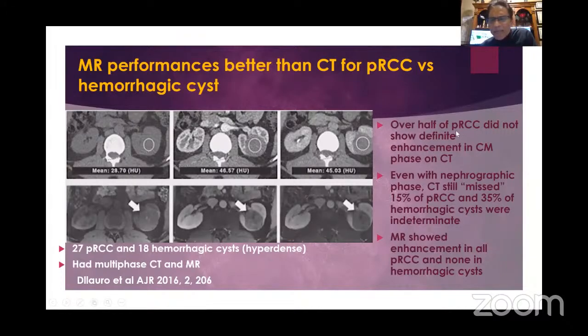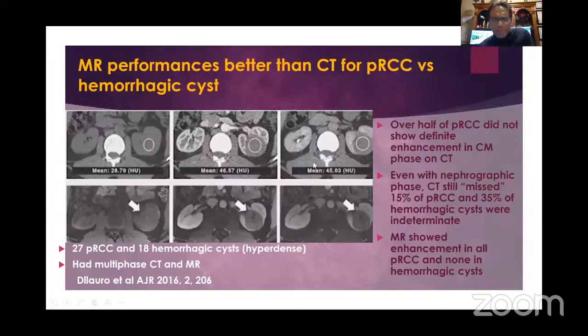Over half of the papillary renal cell carcinomas did not show definitive enhancement on corticomedullary phase with CT. On nephrographic phase, they did show some enhancement. So nephrographic phase is probably the best phase, but MR did not have any problems detecting these lesions at all.